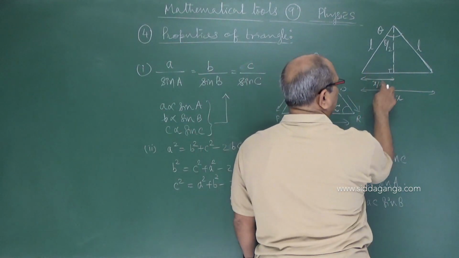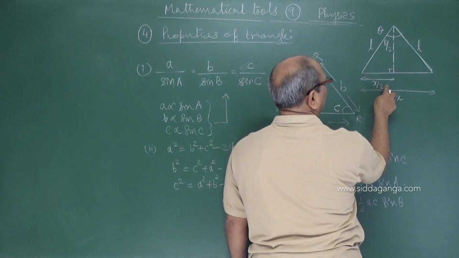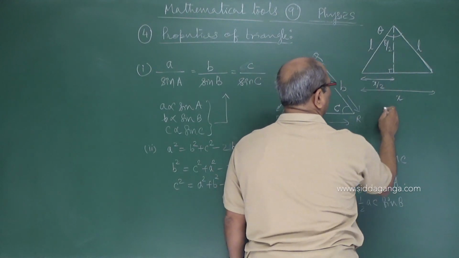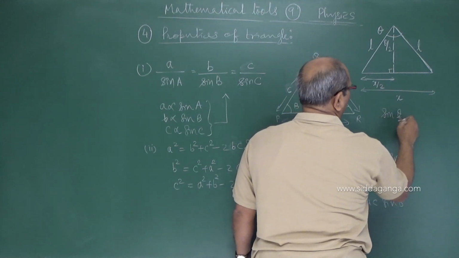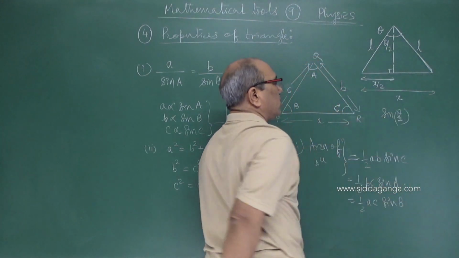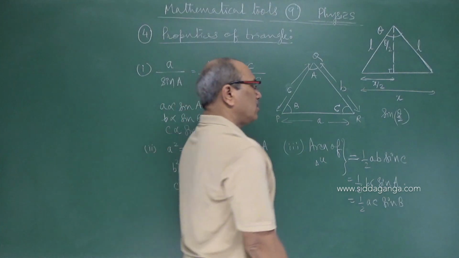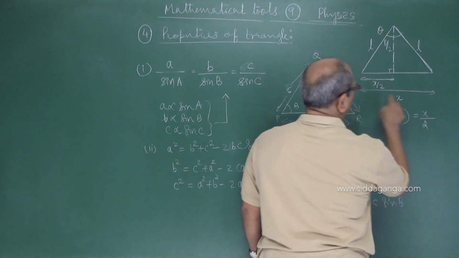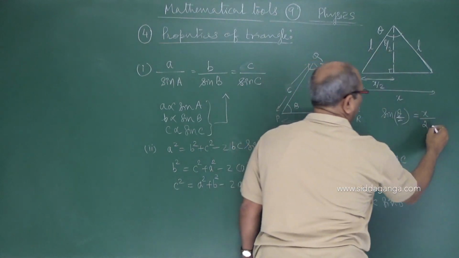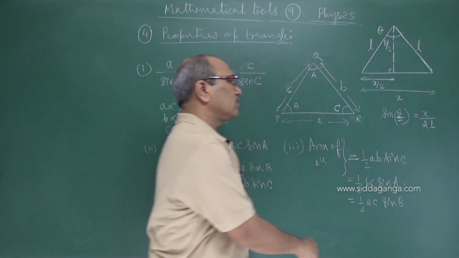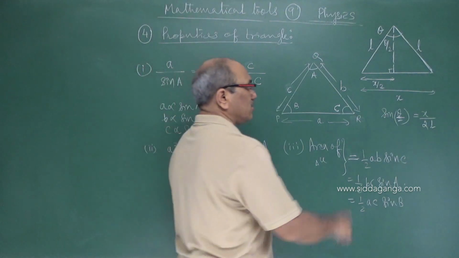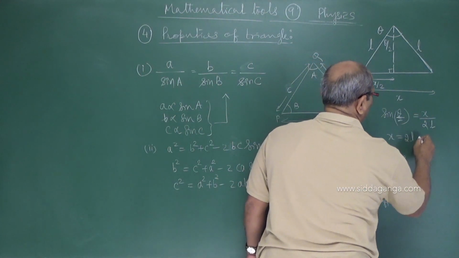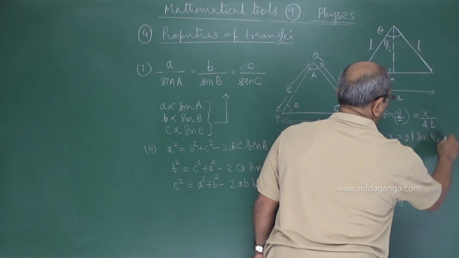So even in this case you want the opposite side, the angle opposite. This is 90, adjacent, this is hypotenuse. What is the sine of theta by 2? The sine of the angle you are writing is nothing but x by 2 upon L. Our requirement is x, the length of the third side, which is 2L into sine of theta by 2.